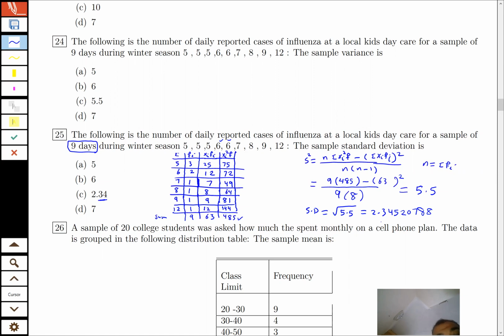So if we go to two digits, actually there is a mistake here. Two digits will be, if this is 5, we add 1 here, so it will be 2.35, not 2.34. So that will be the right answer. Okay, it's a typo mistake. When you want to round, you look at the number after. If it is 5 or more, you add 1. So it will be 2.35.